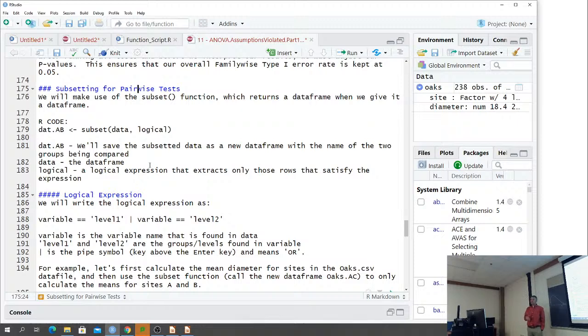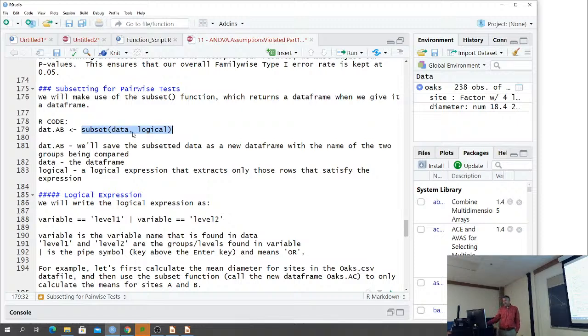But it will only return the data in that data frame that meets the logical statement that we make. So the general code is this: subset, we give it a data frame, and then we make a logical expression to say, only pick out those data points that satisfy this condition.